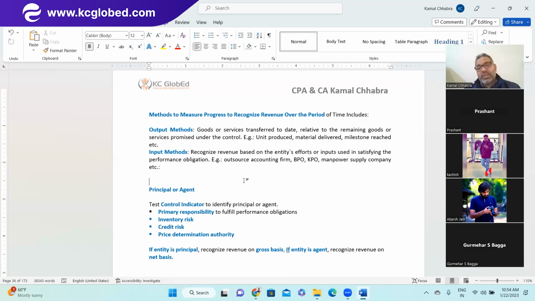So there would be hours involved in it, which you have budgeted. Like I might be investing, let's say, 50 hours at $100 per hour. You might have done the calculation to come up to the $5,000 number, which you have quoted to Prashant and Kashish.